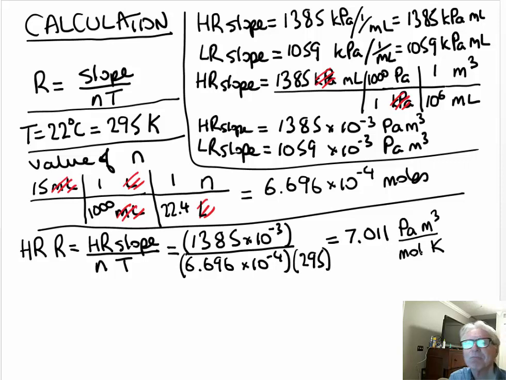And let's think about this a little bit longer. A Pascal equals a Newton per meter squared, and I take newtons per meter squared and multiply it by meters cubed, so I get Newton meters, and a Newton meter is a joule because of work.